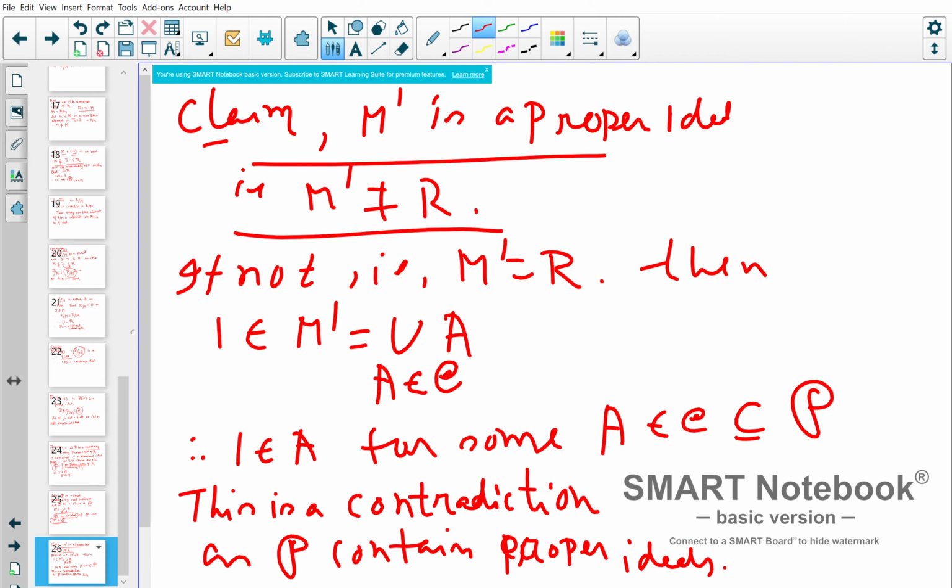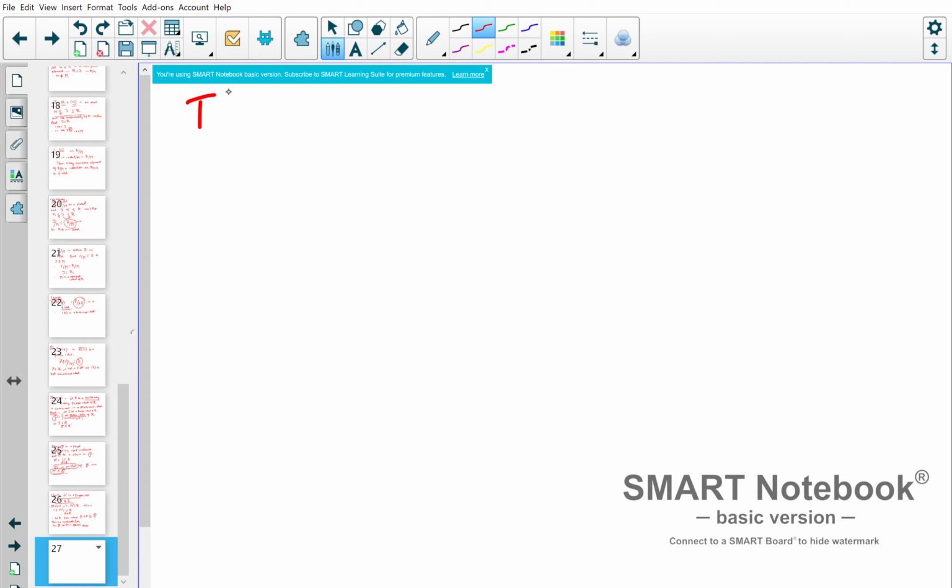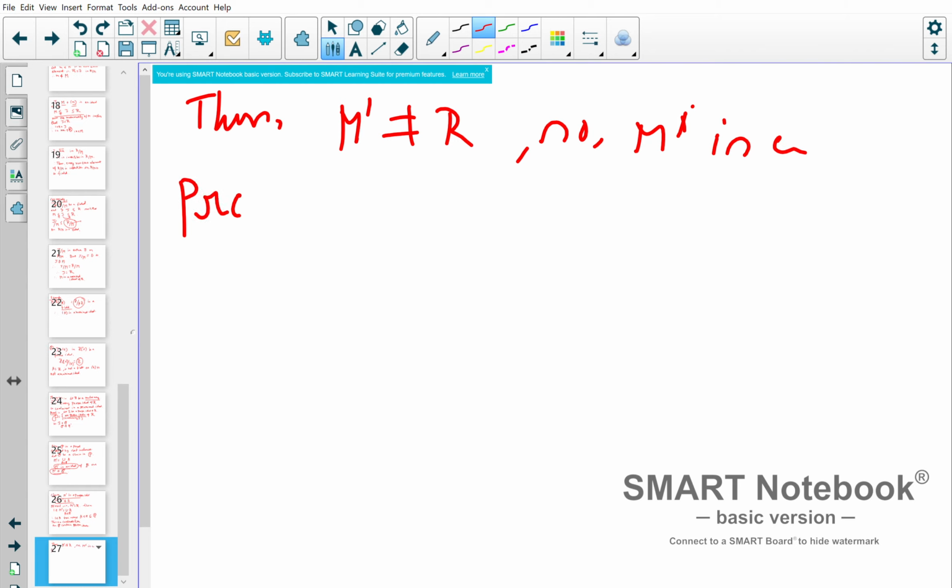That means that one cannot belong to m dash. So thus m dash cannot be equal to R. So m dash is a proper ideal, right? Okay, so that is the important thing I require.